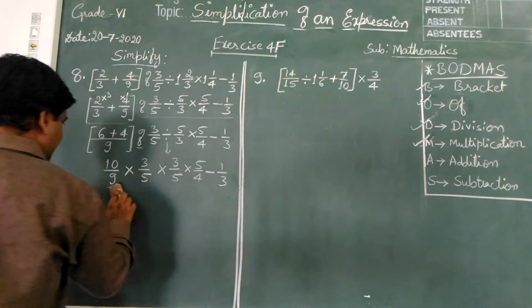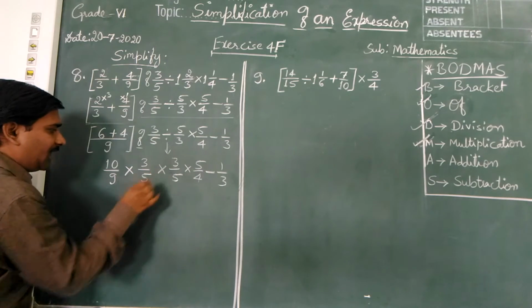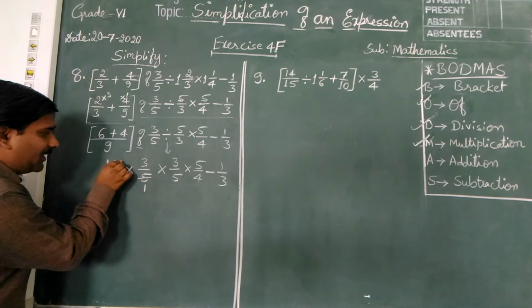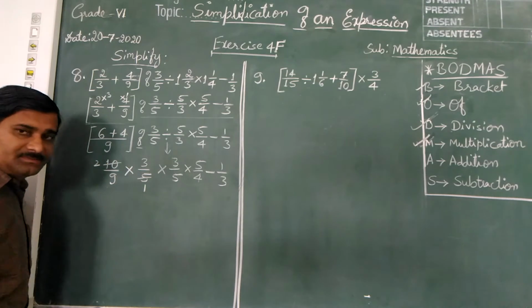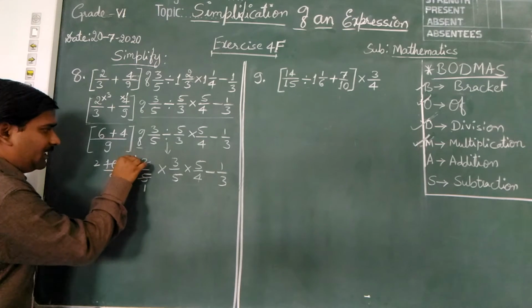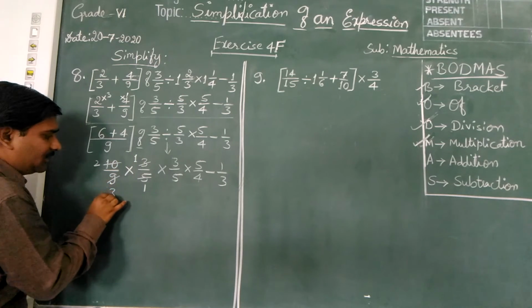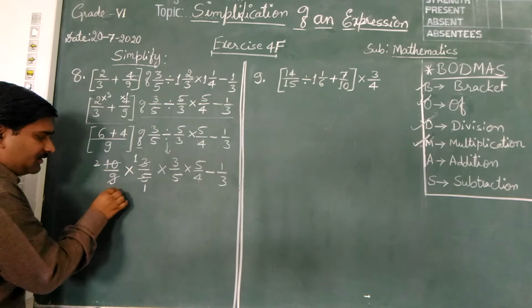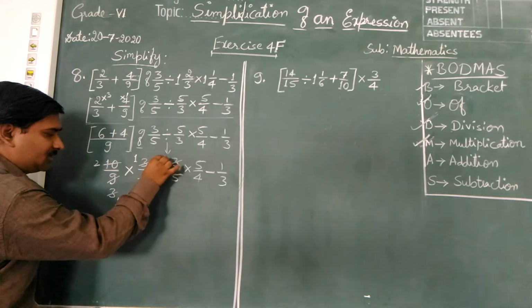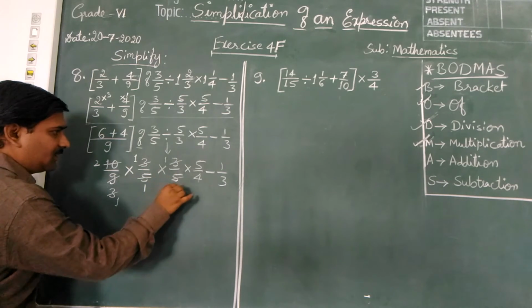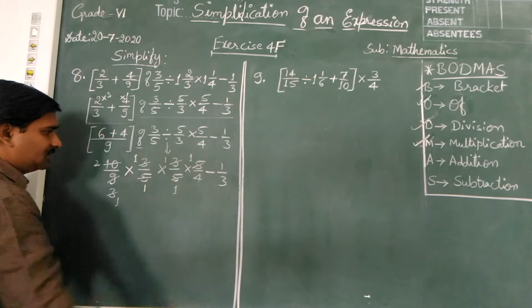So here, 5 ones are 5, 5 twos are 10. Numerator 3, denominator 9: 3 ones are 3, 3 threes are 9. This 3 and 3 are cancelled. And this 5 and 5 are cancelled.